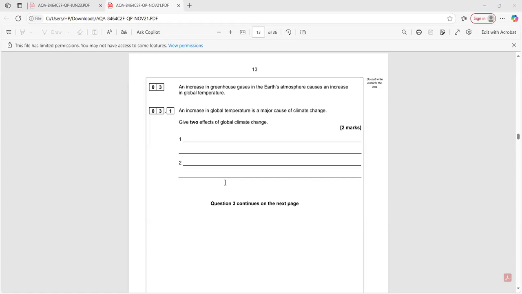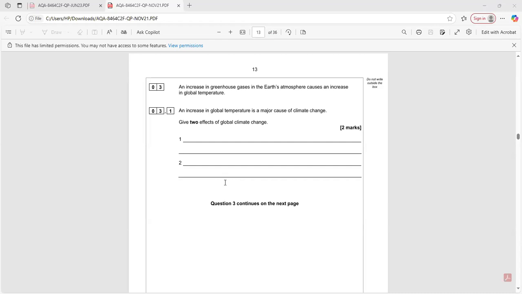Melting of icebergs at the North Pole and South Pole, which can lead to flooding, because, just imagine, one iceberg melts, because of its size it's definitely going to increase water levels, and then that can cause flooding in areas where flooding wouldn't normally have occurred.